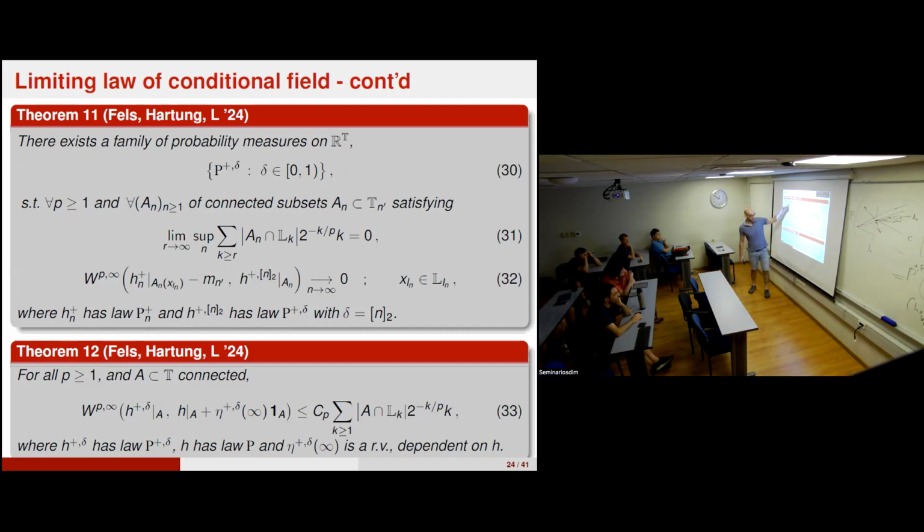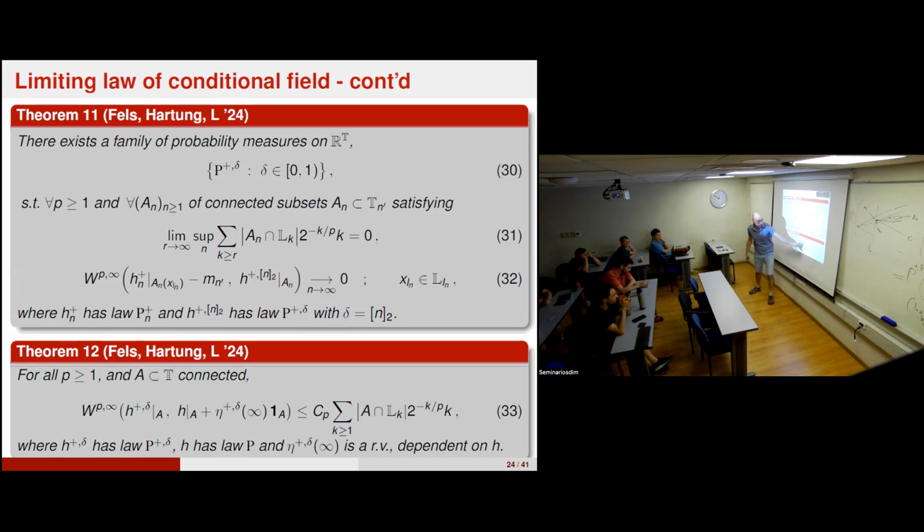The second is a theorem that tells you, okay, that's very nice, but how does this help us? Well, I'm going to tell you some properties of that limiting law P delta, and one important property is, if some sets satisfy, if this is small, but it's again a general statement. The next slide will give simpler corollaries.